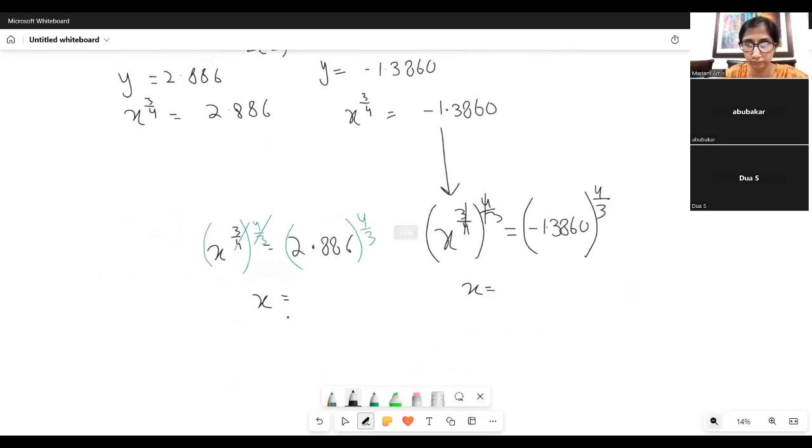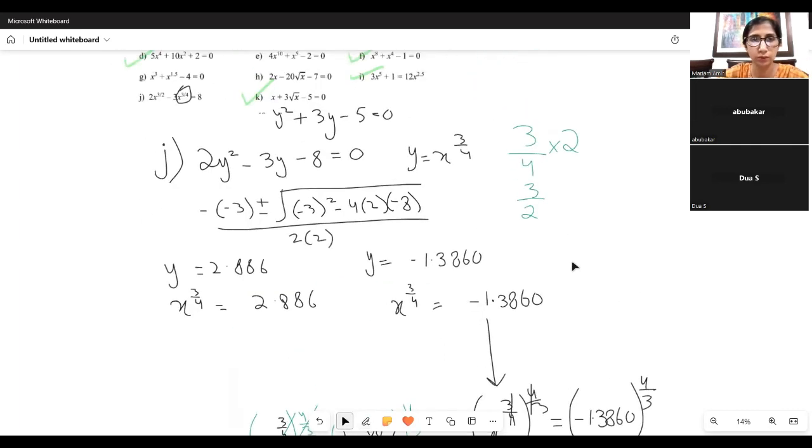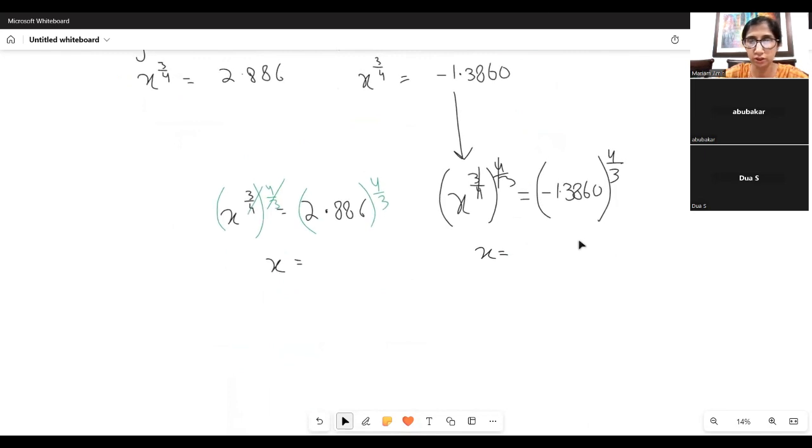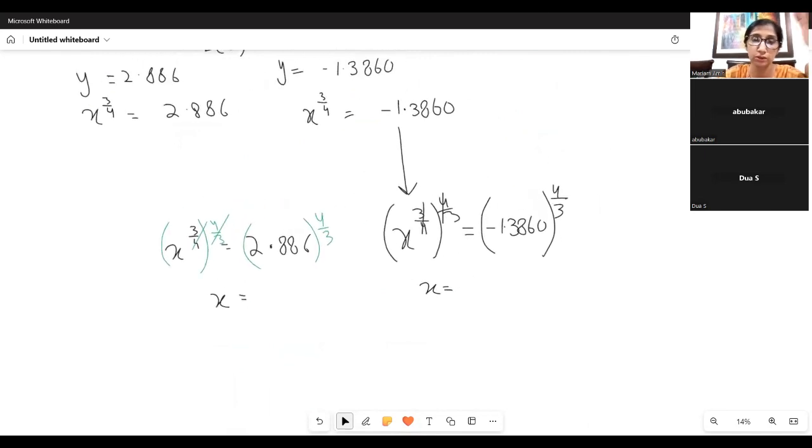For minus 1.3860 उसका 1.5453 आ रहा है. Hold on, ये हम कौन सा पार्ट कर रहे थे? We're doing part J. Let me check the answer of J at the back.